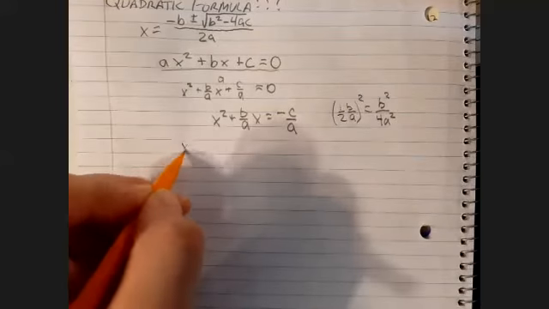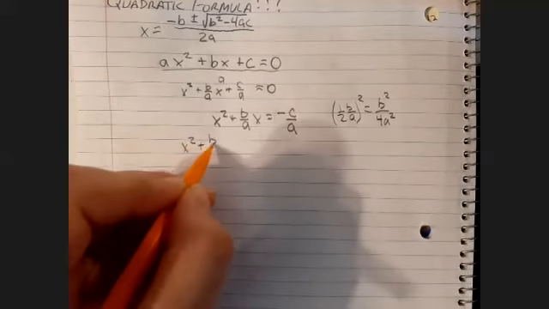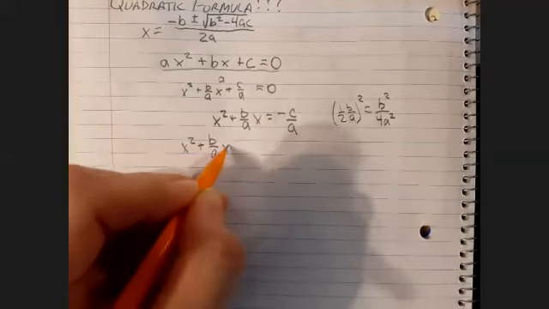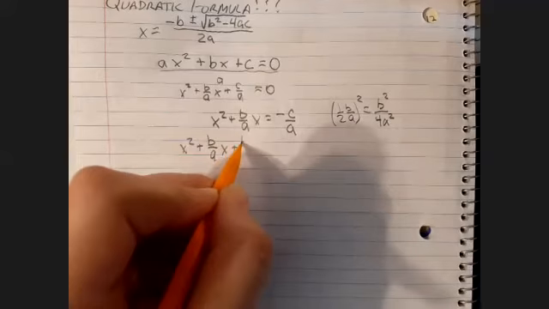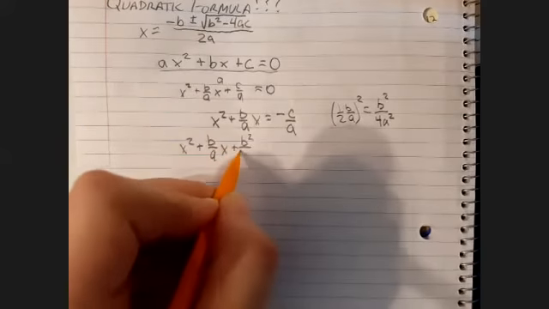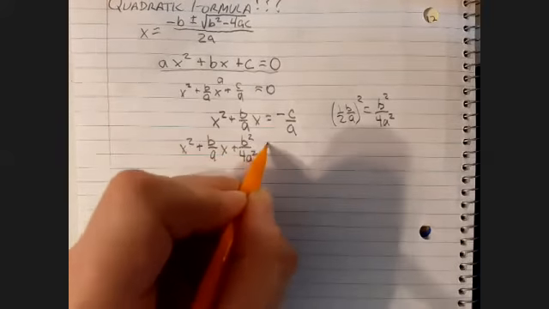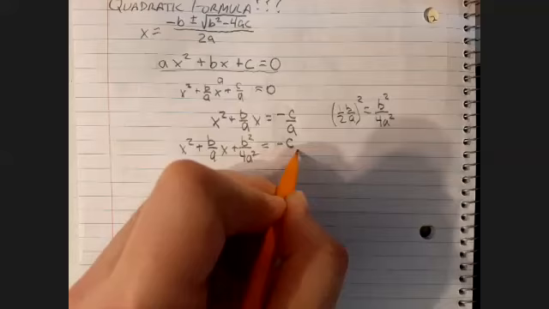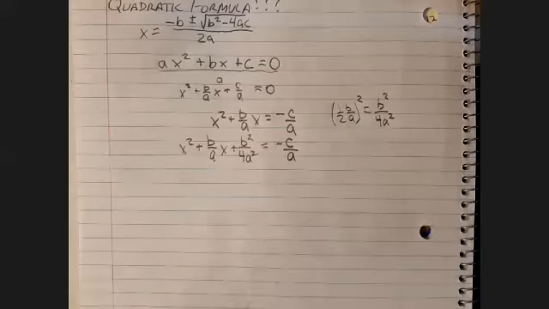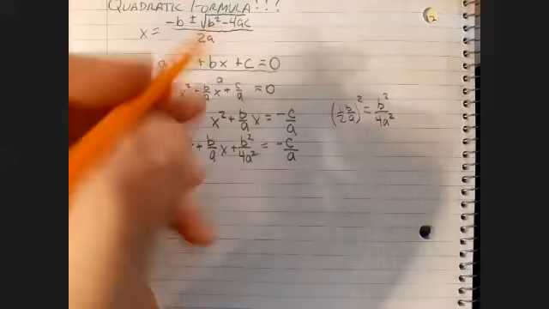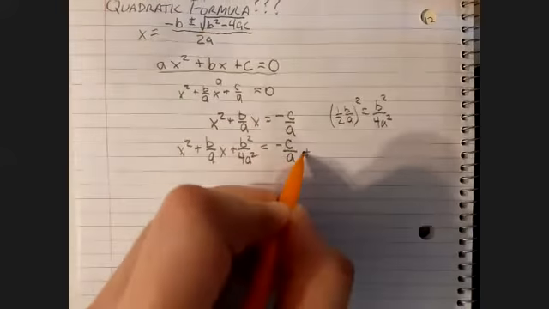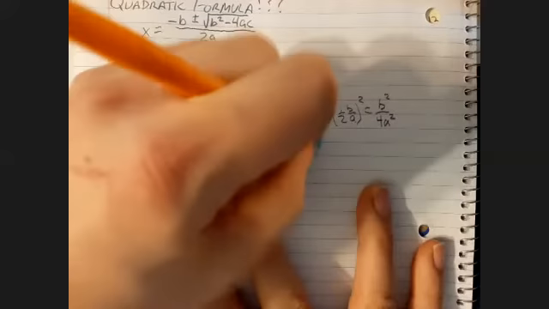So you'd have x squared plus b over a x plus b squared over 4a squared equals negative c over a plus, actually, let me write it like this.